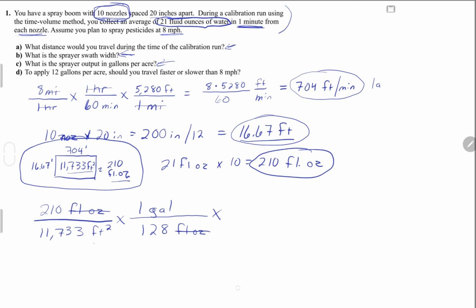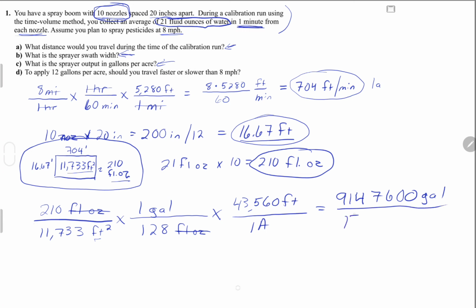And we also want to convert square feet to acres, and 43,560 square feet is 1 acre. If we calculate all of that out, we get big numbers in both the numerator and the denominator: 600 gallons divided by 1,501,824 acres.